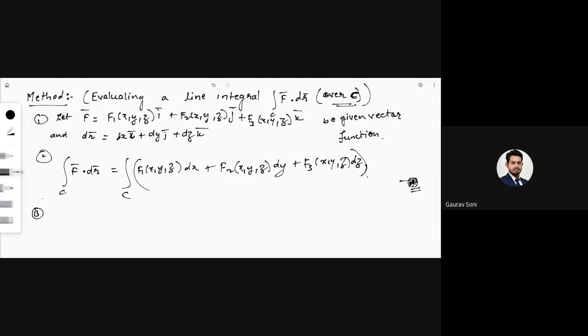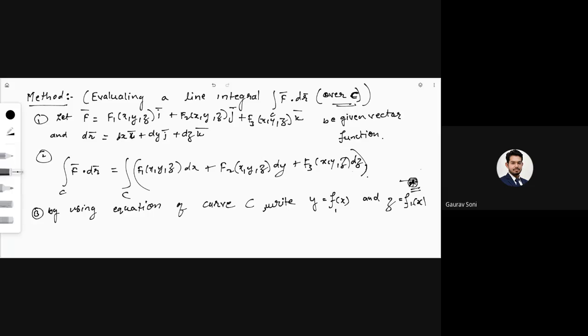Third one: by using the equation of the curve C, write y equal to a function of x and z equal to a function of x.